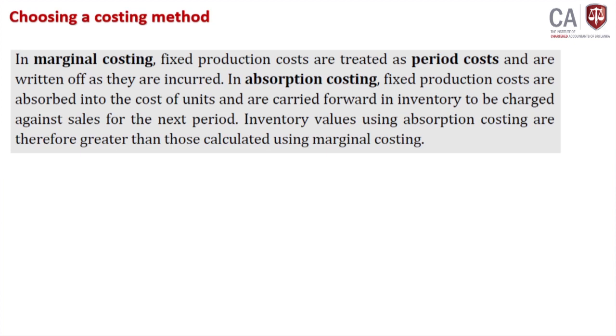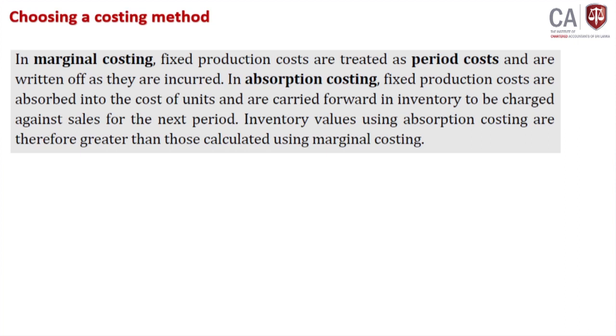But in absorption costing, fixed production costs are absorbed into the cost of the unit and are carried forward in inventory to be charged against the sales of the next period.